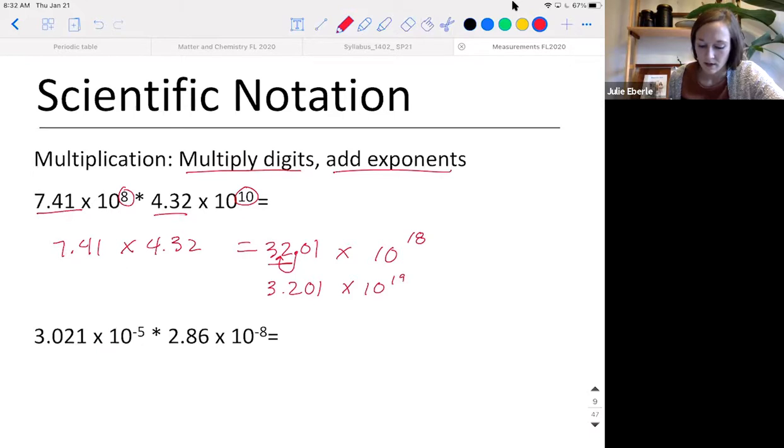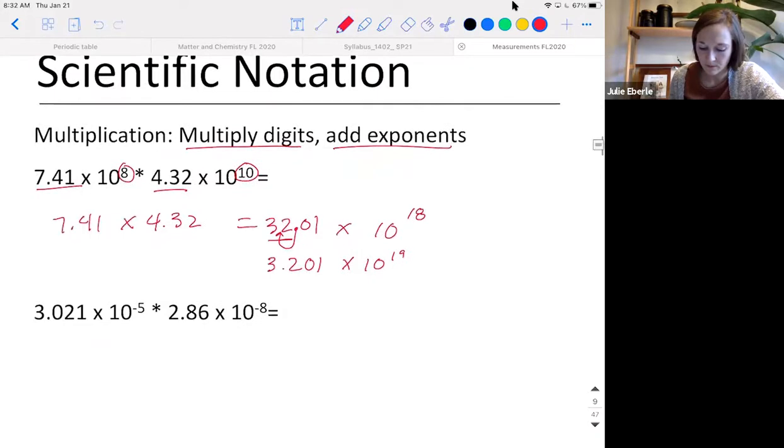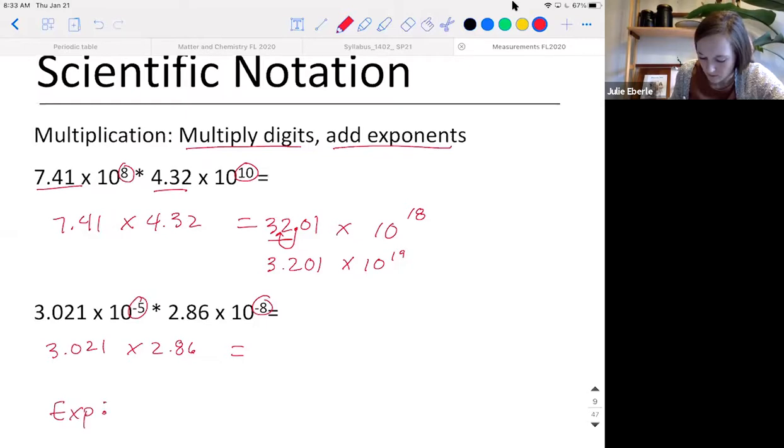You guys go ahead and spend a second on this next problem down below. I'll write out what you should do. 3.021 times 2.86. What do you get? And then you're adding the exponents. So for your exponent part, -5 plus -8. If you get the answer, go ahead and throw it in the chat.